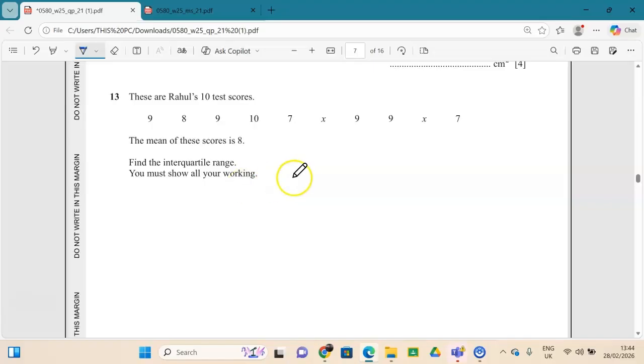So what do we do? Let's first of all get the value of x.